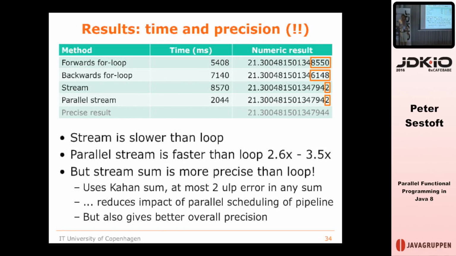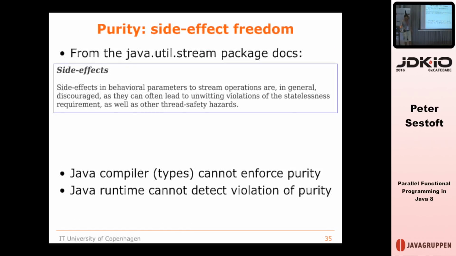Okay, so it turns out that we can get wonderful speed-ups using streams, but we can do it only if we have no side effects. You can look at the Java documentation. It says side effects in behavioral parameters, that is, the function arguments, are in general discouraged, but I think a more precise term would be catastrophic, because almost all, even innocent-looking uses of side effects in this function argument will produce very mysterious results if you try to parallelize the operations.